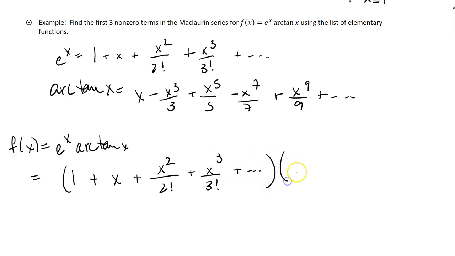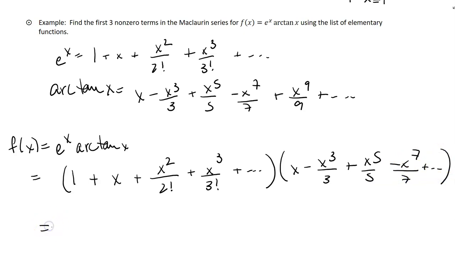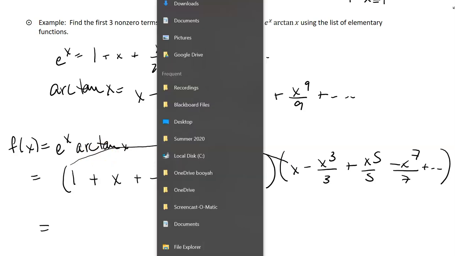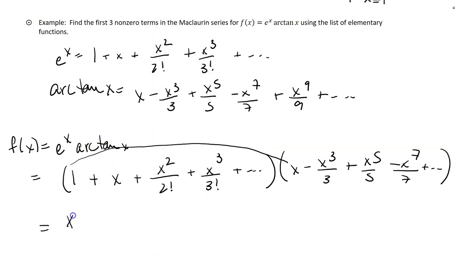And I only need the first three non-zero terms, so I'm not going to need every single term. I can just kind of start foiling things out and figure out which ones have the highest power. So if I take the 1 and multiply by everything, I get x minus x cubed over 3 plus x to the 5th over 5 minus x to the 7th over 7.